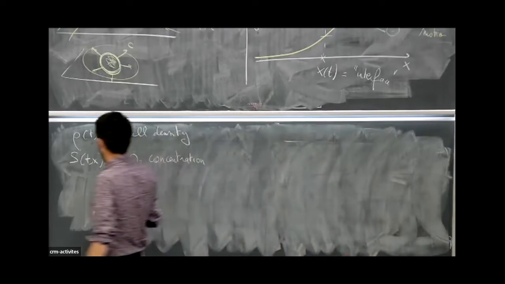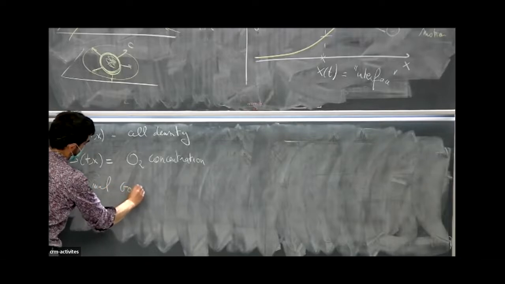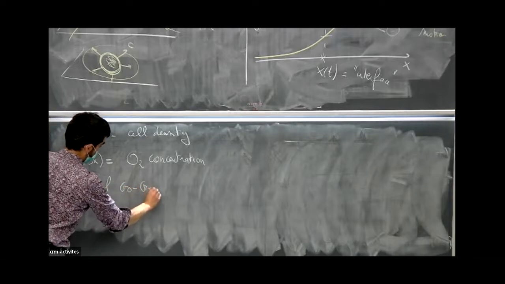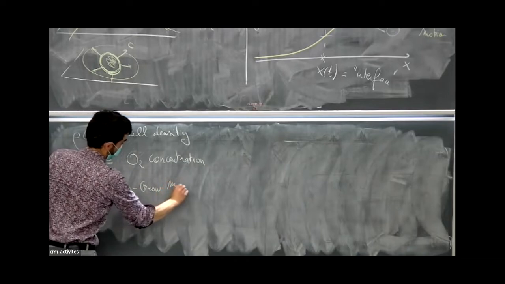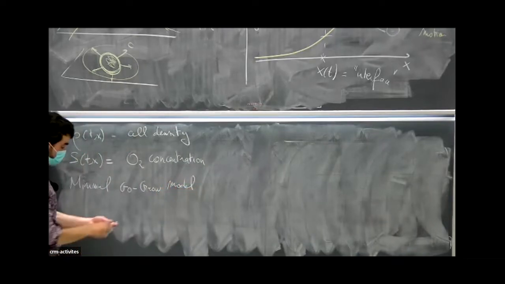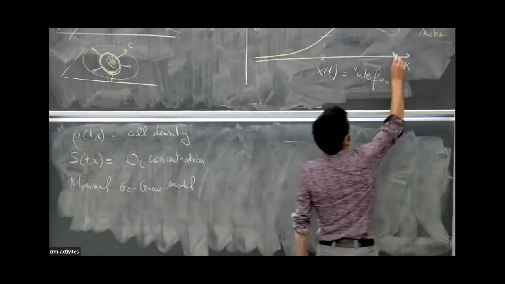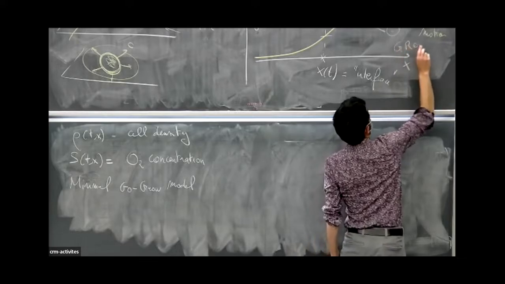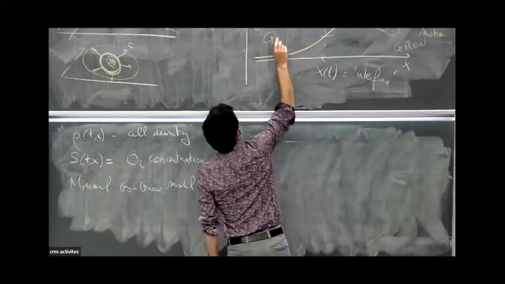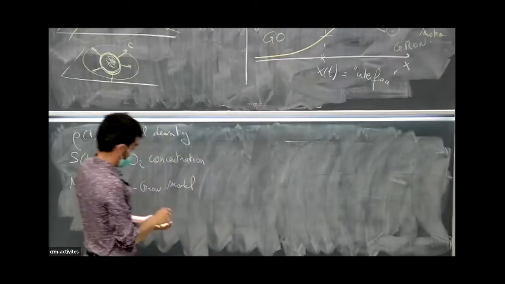And my model, let's say a minimal one, we called it the go or grow model, where, of course, you can guess that this is a grow phase, and this is a go.